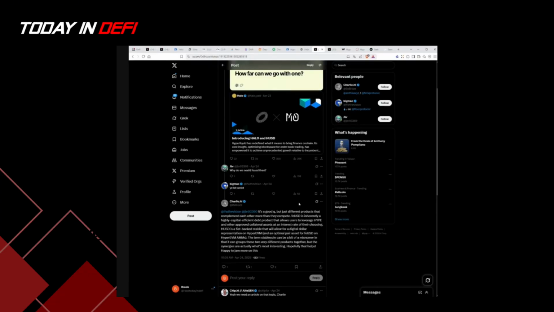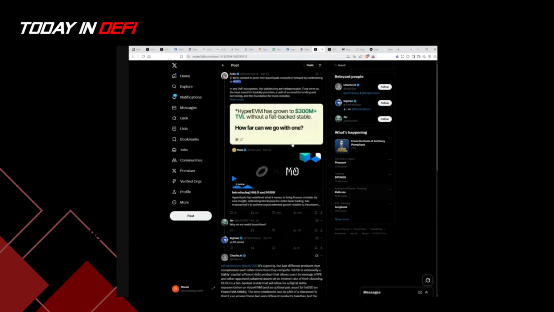The first, and the most important one, is that there is no way for the HyperEVM ecosystem to adjust the supply of the stablecoin by themselves within the ecosystem. The second is that they're not able to share the yield coming from a native stablecoin, and therefore encourage more people to hold the stablecoin and provide liquidity to the ecosystem. These two reasons encouraged the Felix team to develop HUSD.